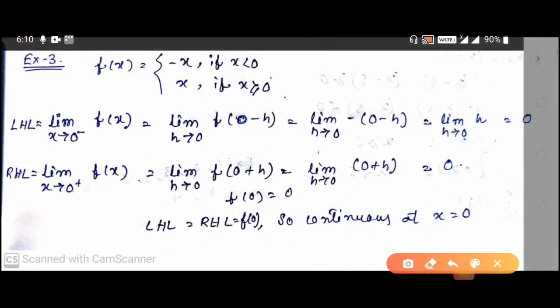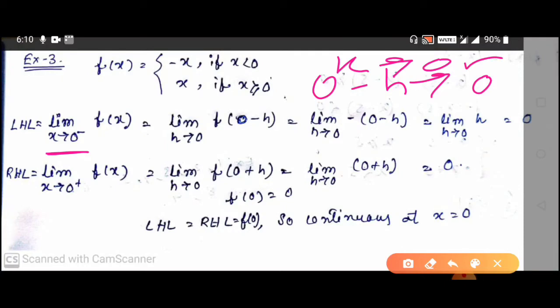Now you may think that we were talking about x tends to 0 negative, but when I did the calculation by writing this, I have not mentioned the negative sign. Why? This negative sign is given only to make you understand that 0 negative means left side of 0, but x is very close to 0 but less than 0.